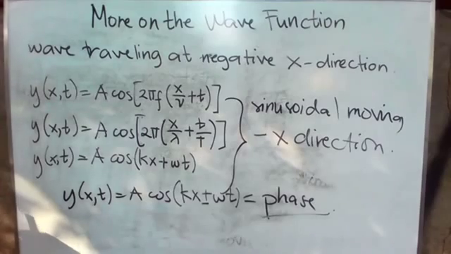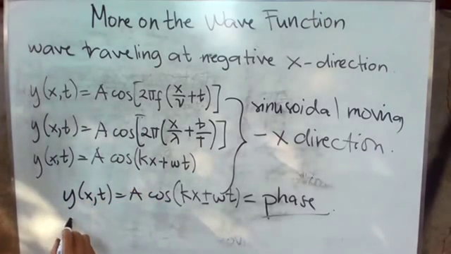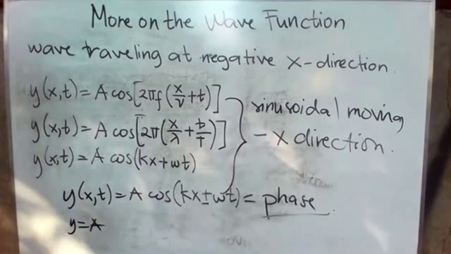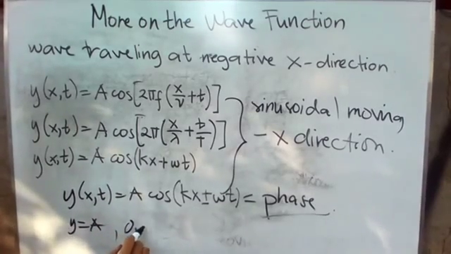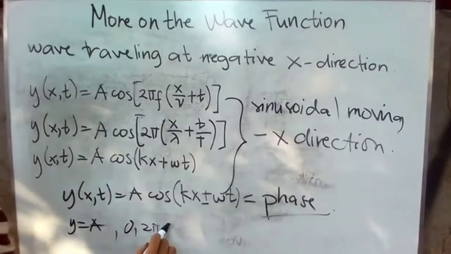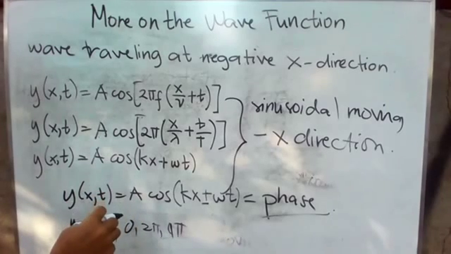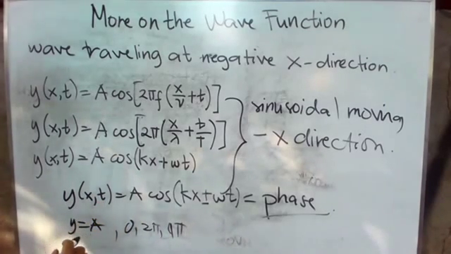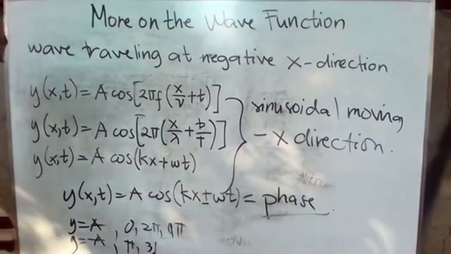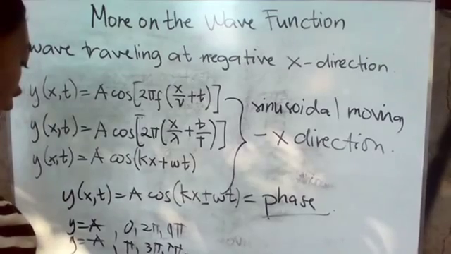So for a crest, where y is equal to the positive amplitude, the phase could be 0, 2 pi, or 4 pi. For a trough, where y is equal to negative A, or the negative amplitude, the phase could be pi, 3 pi, 5 pi, and so on.